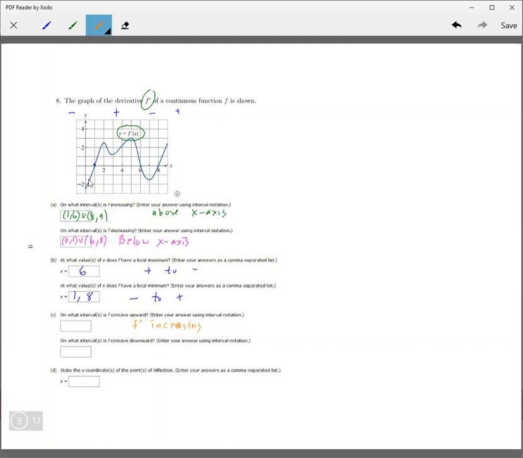So where it's increasing: from 0 to 2, and also from 3 to 5, and from 7 to 9.